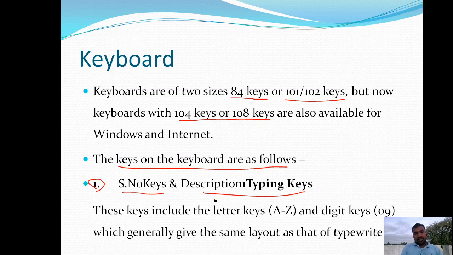These include letters A to Z and digit keys 0 to 9, which generally give the same layout as that of typewriters. So the alphabets from A to Z and the digits 0 to 9, these are the typing keys.